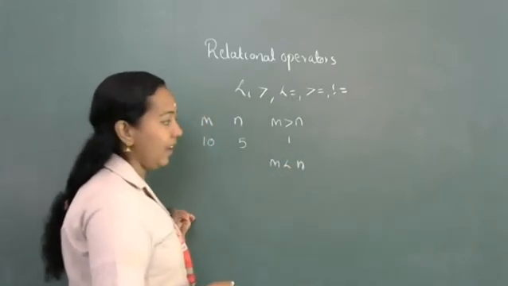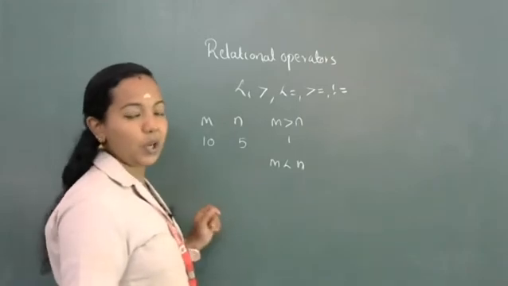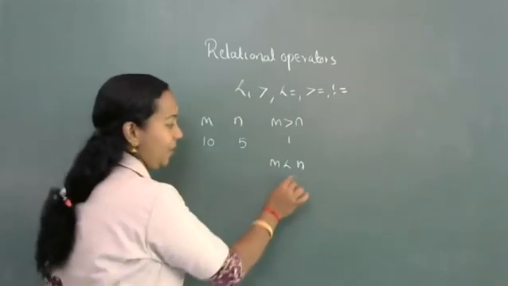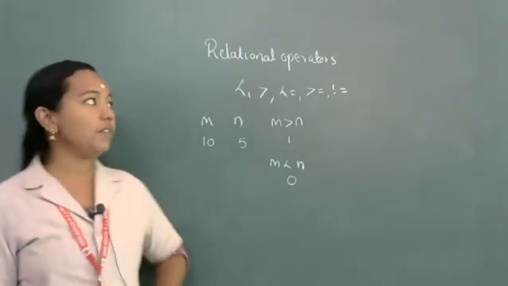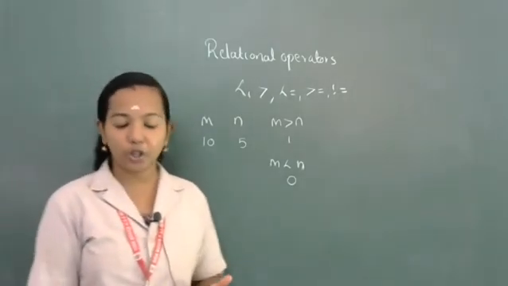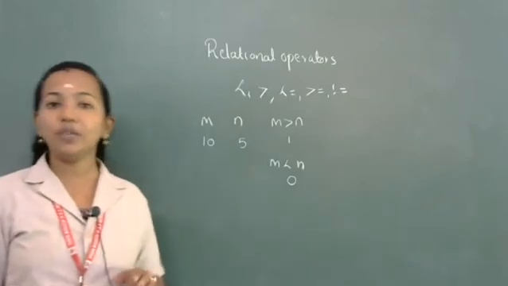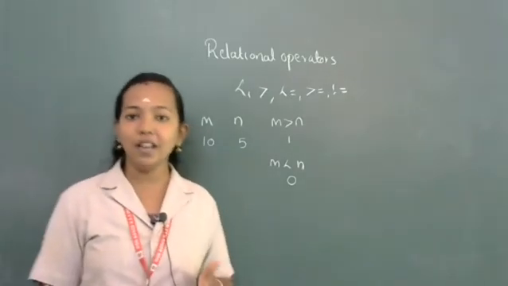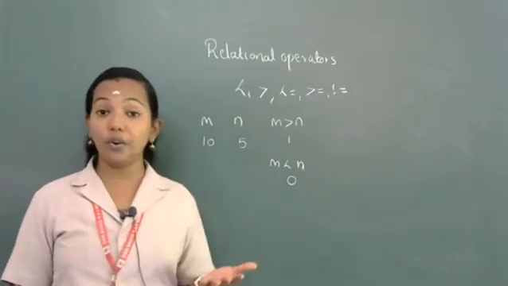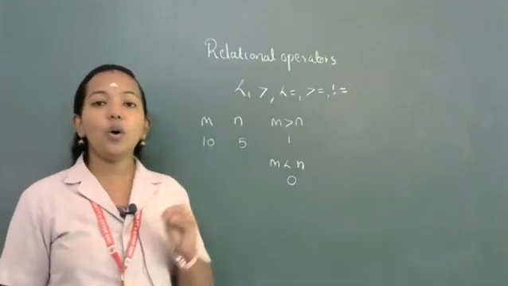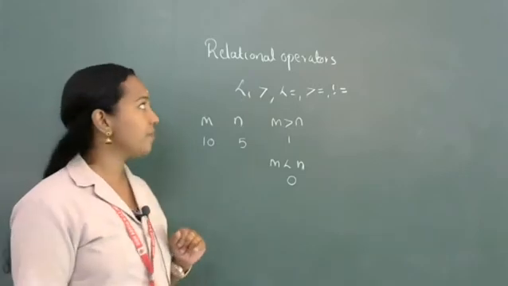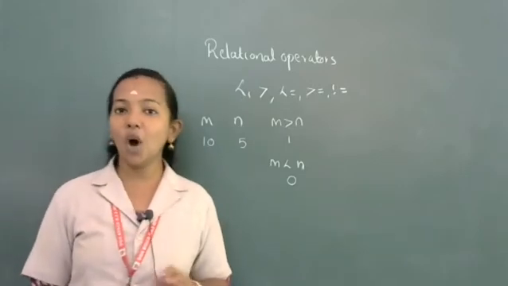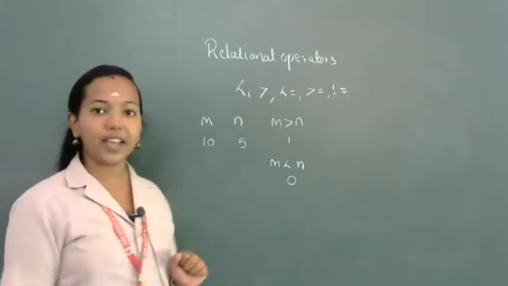The condition is false because m is greater than n. So what will be the value? 0. So in relational expressions we can use any kind of relational operator, but the value will be in terms of 0 and 1. Yes or no, or 0 or 1. Here no represents 0, yes represents 1. Clear?